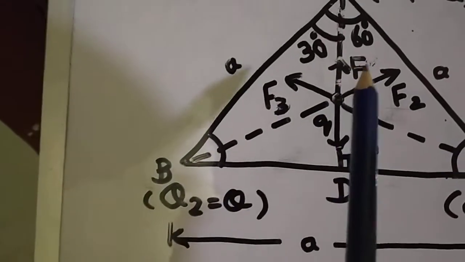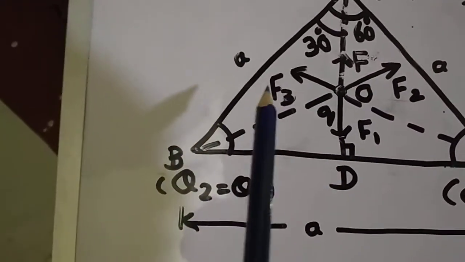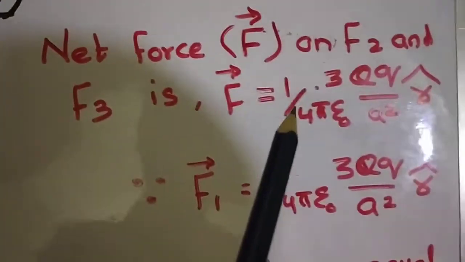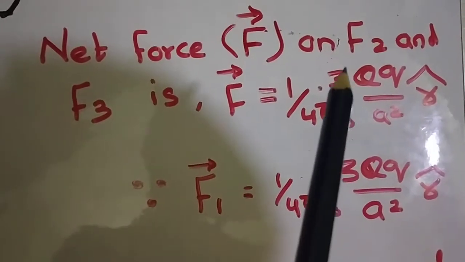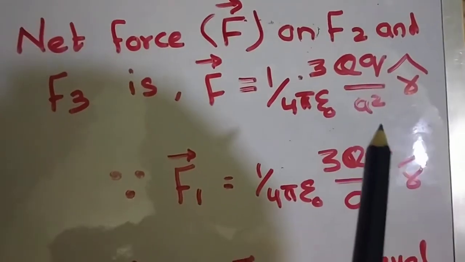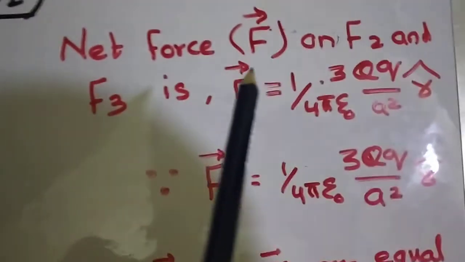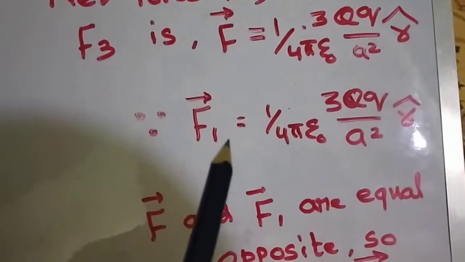That is taken as capital F vector, which is nothing but 1 by 4 pi epsilon naught 3 into QQ by A squared into r cap. Since it is in vector form, r cap is given.